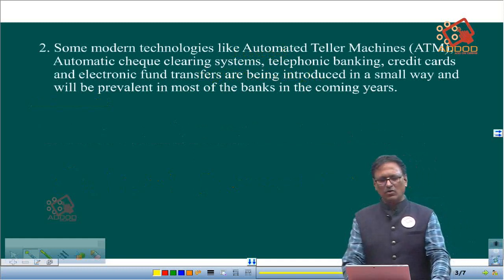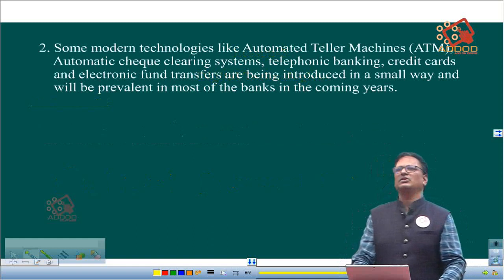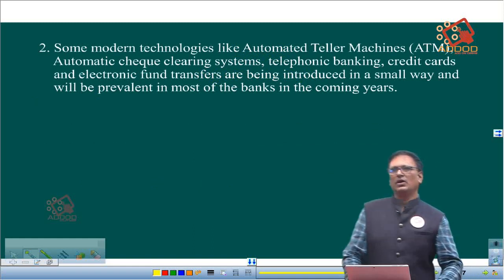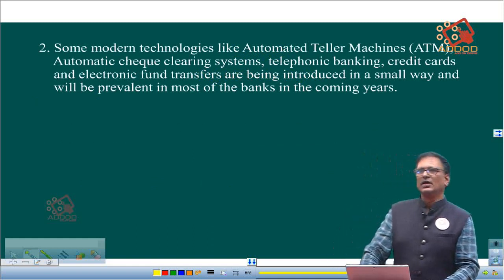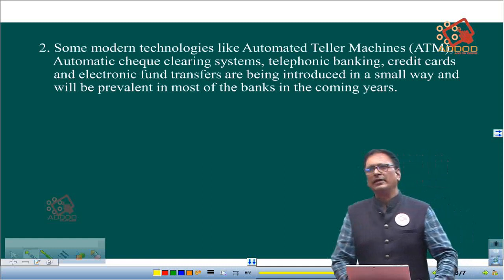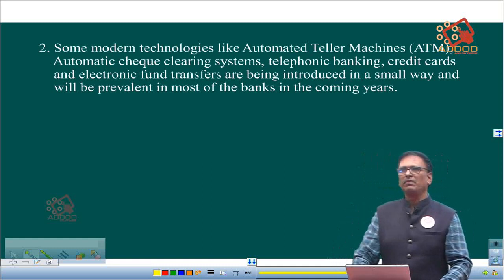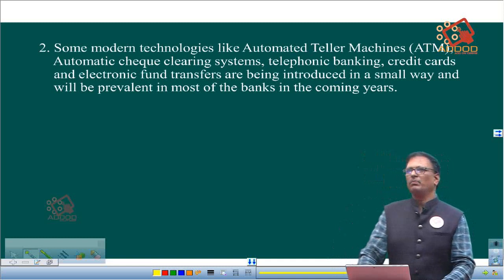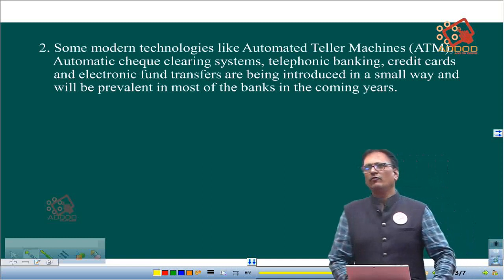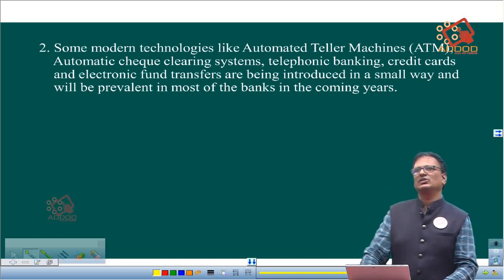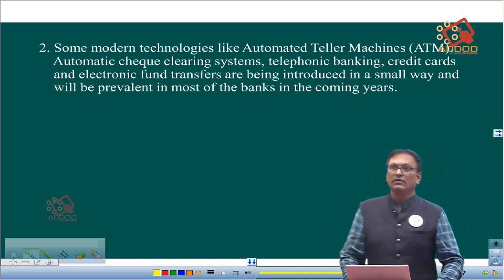How does it read? Some modern technologies like automated teller machines, ATM. All of you are aware of this. All of you know how to draw money, how to deposit money. All of you know banking activities. All of you know how to do transactions from your telephone.